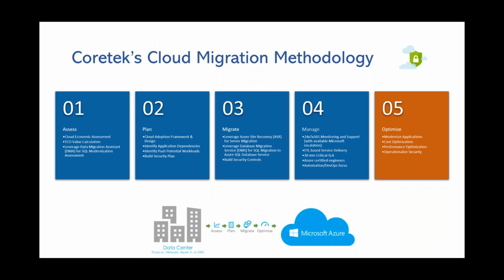And then once you have your core support set up properly, then going into the optimization. So modernizing your app, looking at cost optimizations, performance optimizations, and long-term security plays.